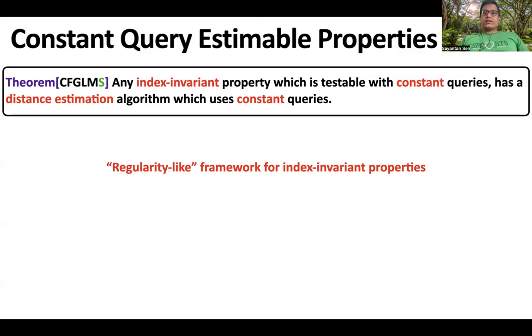Interestingly, this brings index invariant properties under the umbrella of properties where constant testability implies constant estimability. And this, of course, generalizes our testing result that we saw in the previous slide. Moreover, often this regularity-like framework has a tower-like dependence on 1 over epsilon. But fortunately for our case, we show that only doubly exponential dependence on 1 over epsilon is sufficient, which we also believe to be tight.